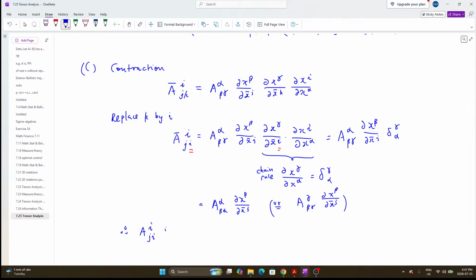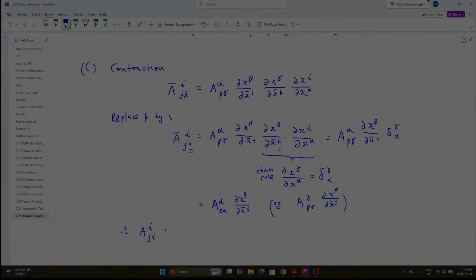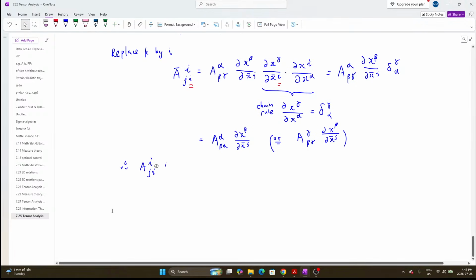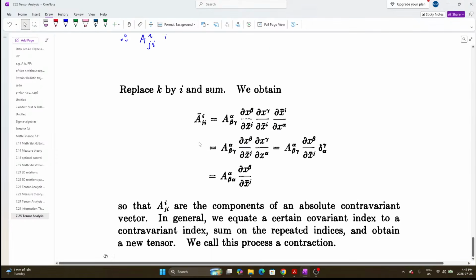In the text it says, okay, so in the text, what we just did, I think the textbook might have a mistake. But you see, here, the free index is downstairs, and this is the inverse Jacobian, d old over d new. So A i, j i are the components of an absolute contravariant vector. No, this is covariant. A contravariant vector has an upper index. Here i is not. I think this is a mistake.